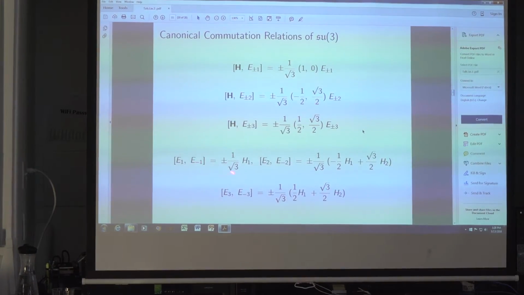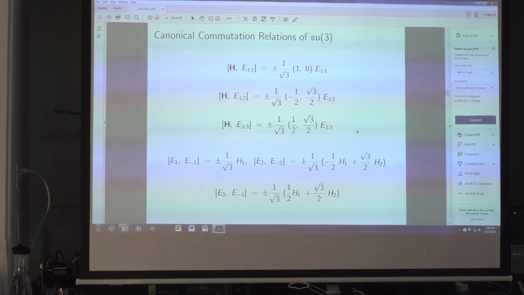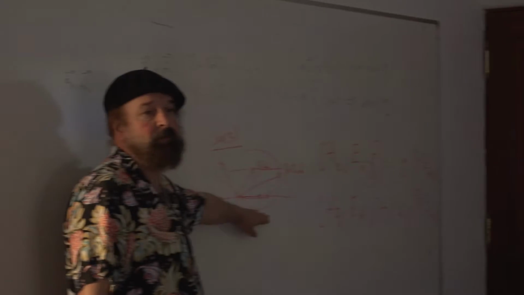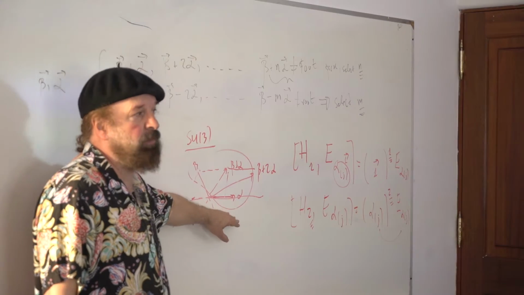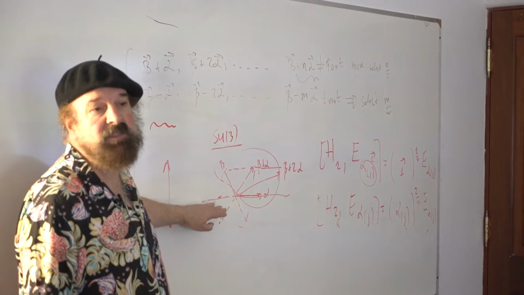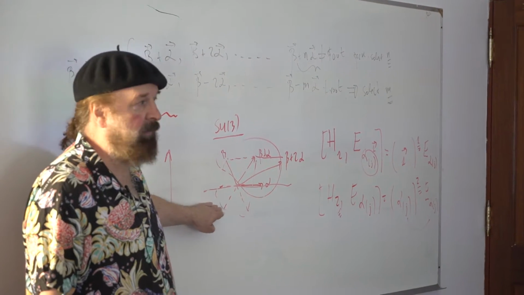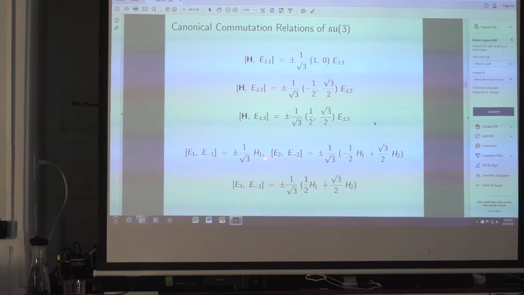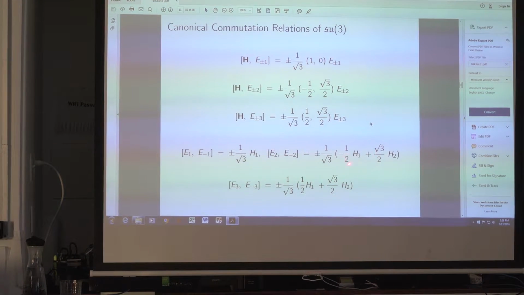Okay, now let's look at the combination of E1 with E-1. So essentially you're looking at the commutator of root vector alpha with the commutator of its opposite, the mirror image, and you're going to get H1. And the same thing when you look at the commutator of 2 with a -2, you get this.